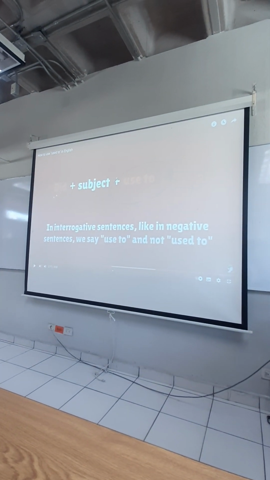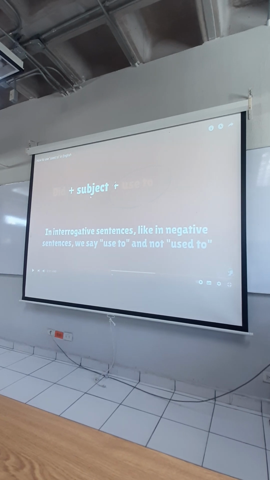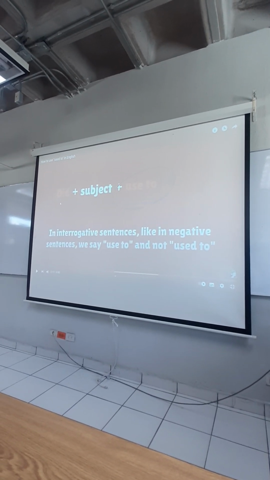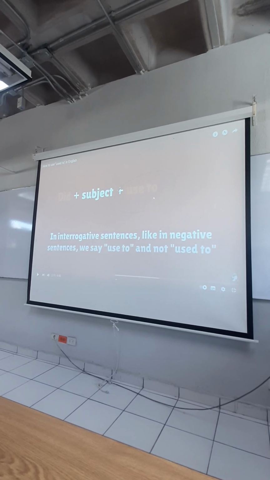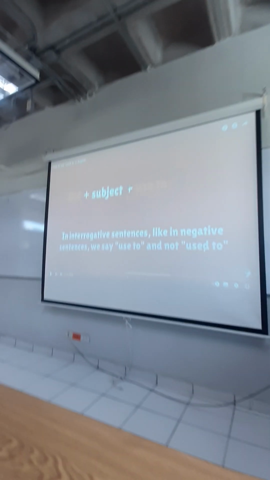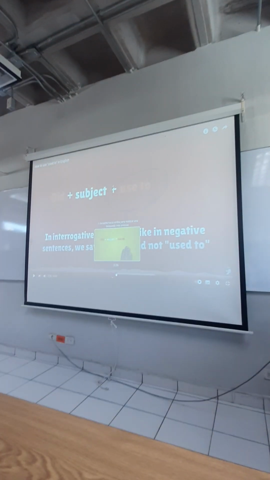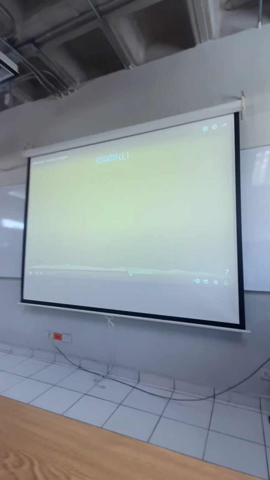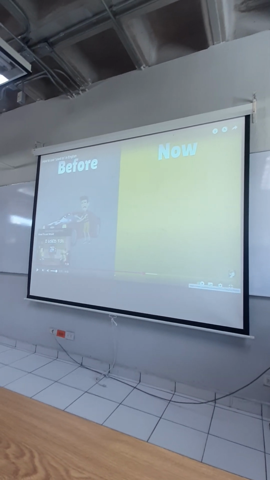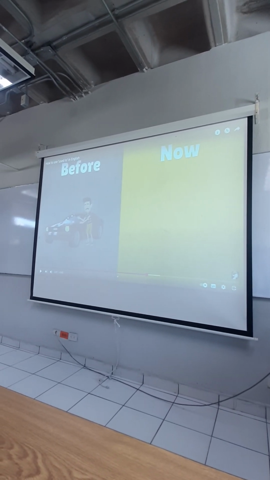Negative and interrogative: did, the subject, I, you, he, she, it, we, you, and they. It's the same verb for all subjects. And we say used to and didn't use to. This one, used to, is only for the affirmative. Este es solamente para afirmativo. Example, yes, this is a very good example, even with some pictures before.